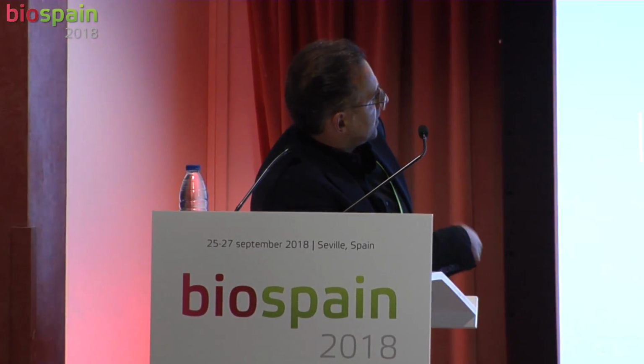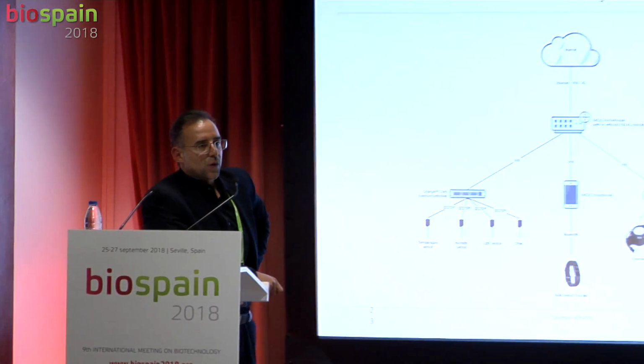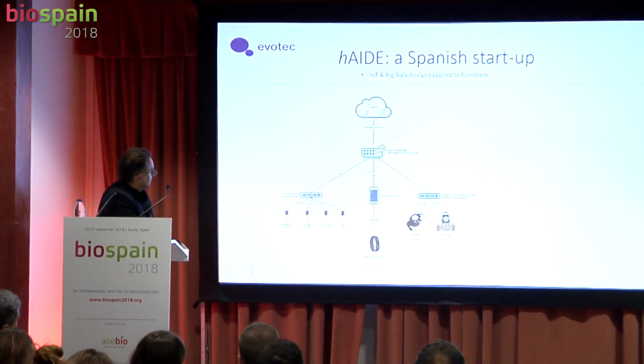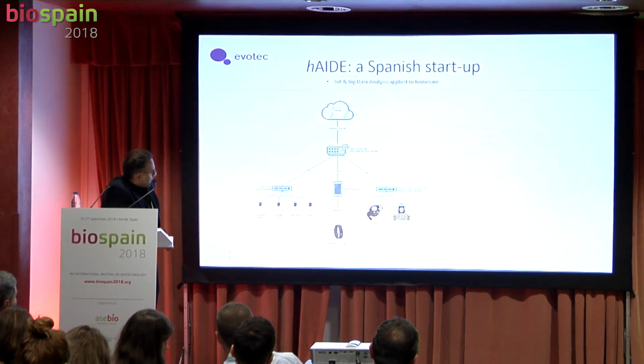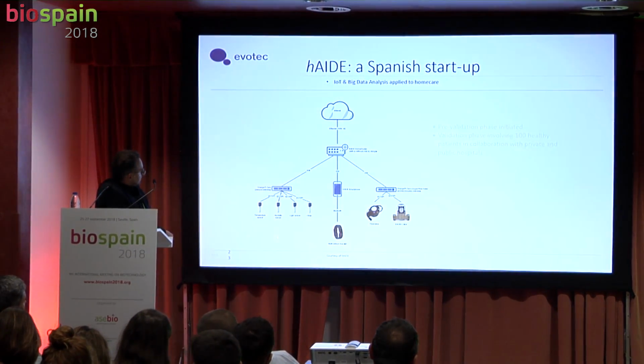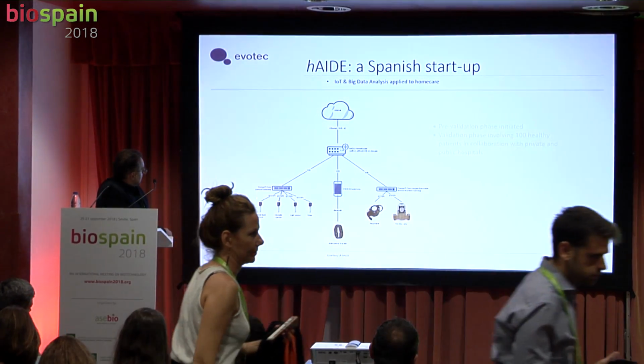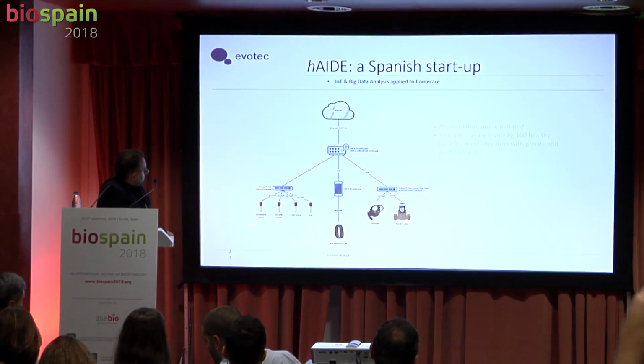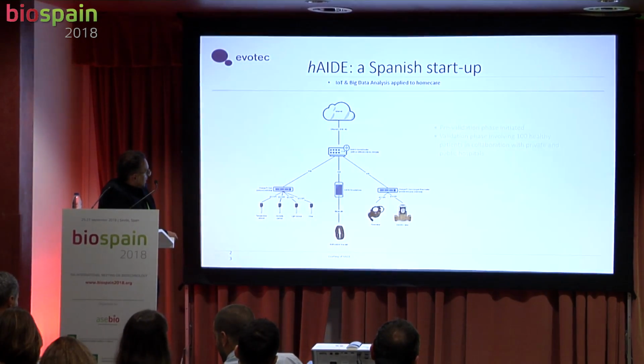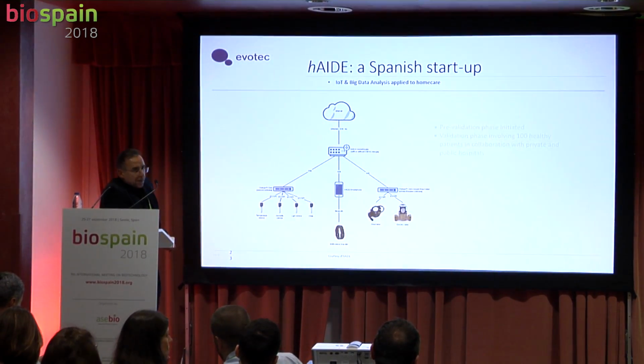So this is their hardware and software infrastructure. You have the bracelet, where you monitor the oxygen consumption. They have sensors to monitor the temperature, the humidity, the light, and other types of sensors. I don't know, they have everything.